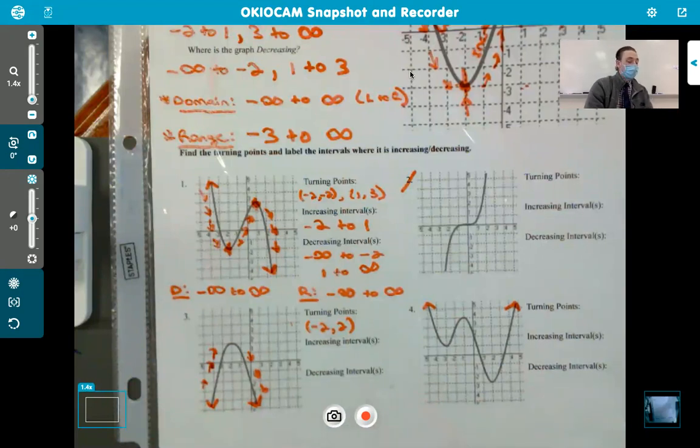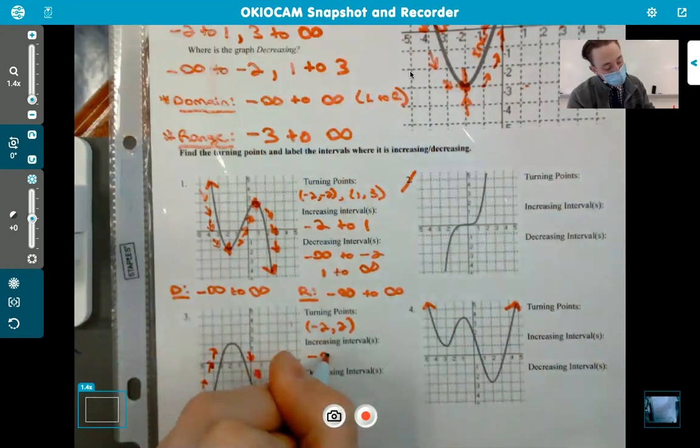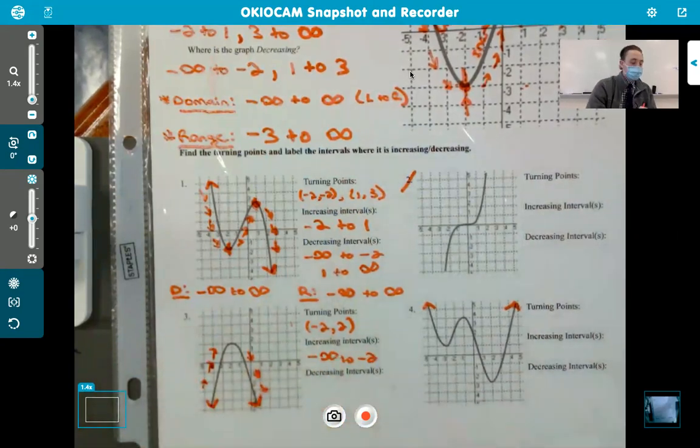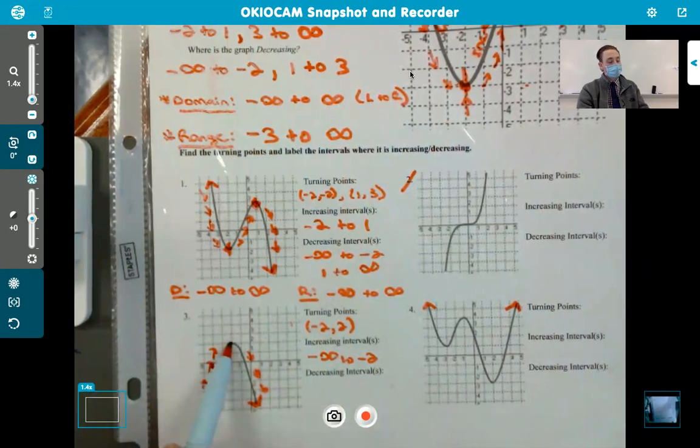The interval on which I am increasing. Somebody help me out with that. Good. From negative infinity to -2. My x value is all the way over here is where I start to increase until I get to this point here.